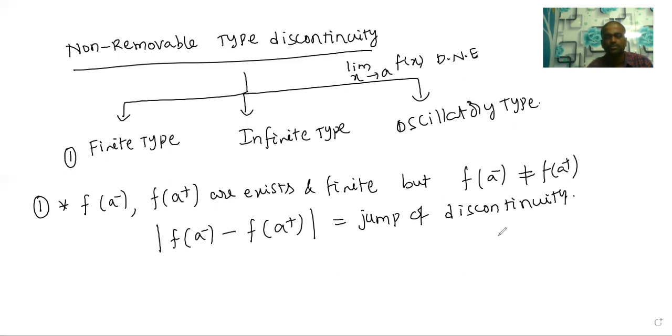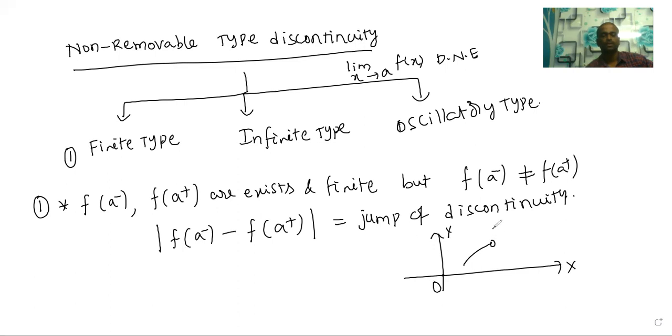The positive difference between left hand limit and right hand limit is called the jump of discontinuity.